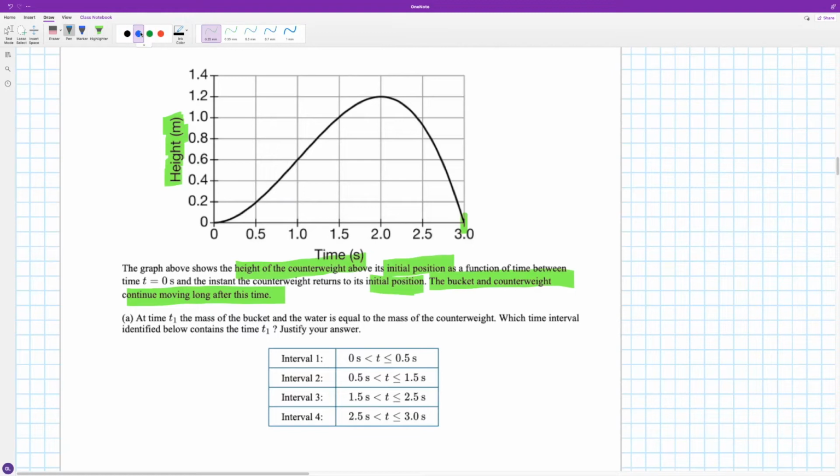So we could have very well had the floor here. We could have had the counterweight here. We have our bucket and our pulley. And so initially, this thing is going to accelerate upwards, but then at 3 seconds, it returns.